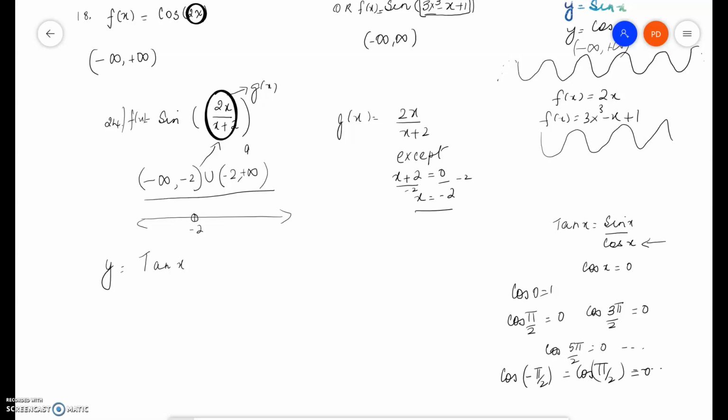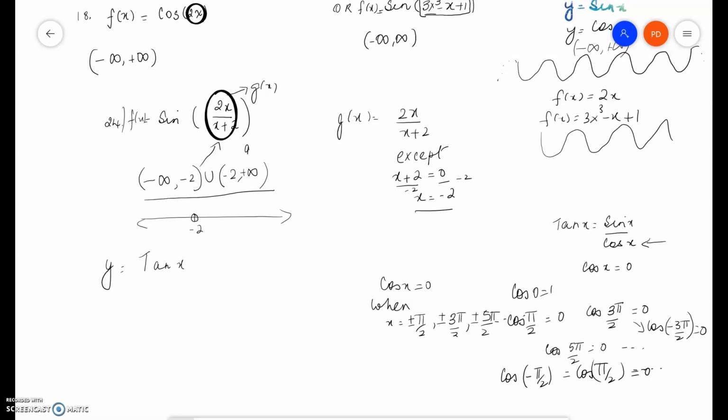So if cosine of 3 pi over 2 is equal to 0, we can be sure that cosine of negative 3 pi over 2 is also equal to 0. So cosine of x equals 0 when x is equal to plus or minus pi over 2, plus or minus 3 pi over 2, plus or minus 5 pi over 2, and so on.